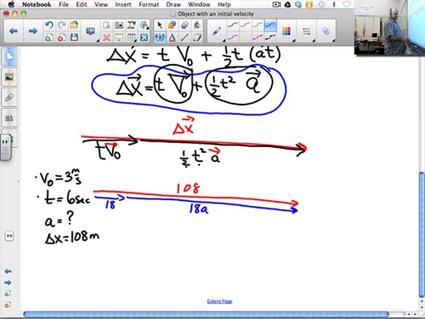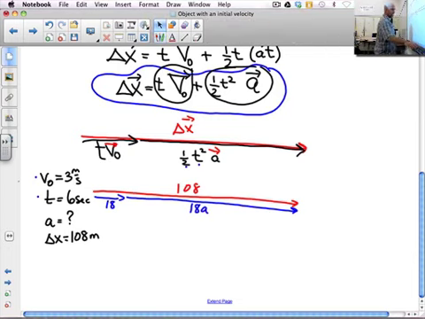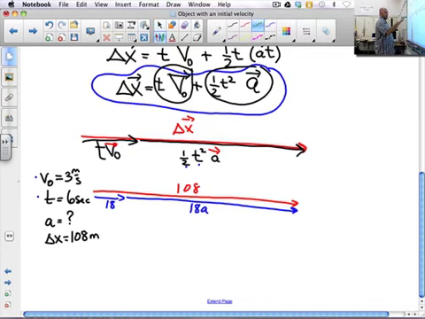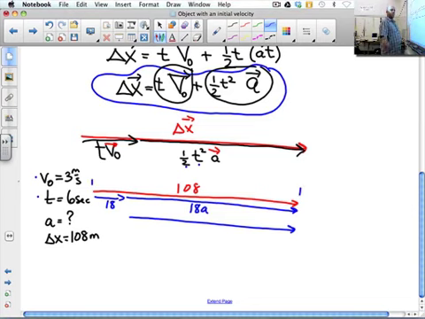Okay? Now, the length of this vector here, this blue one, this second one that's 18A, the length of that one has to be 108 minus 18. Do you see why? From here to here is 108. There, 108 minus 18 is going to give me my blue vector that's 18A long.